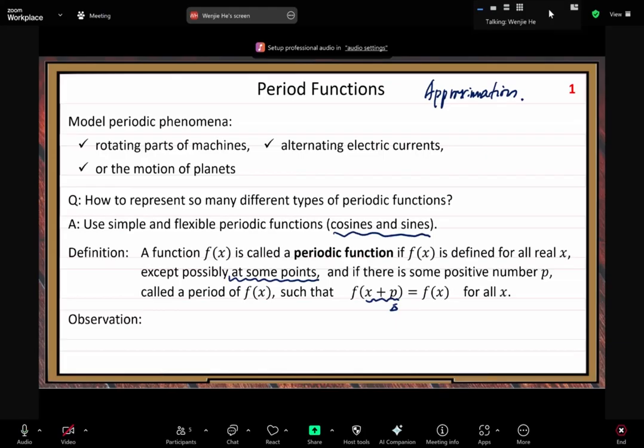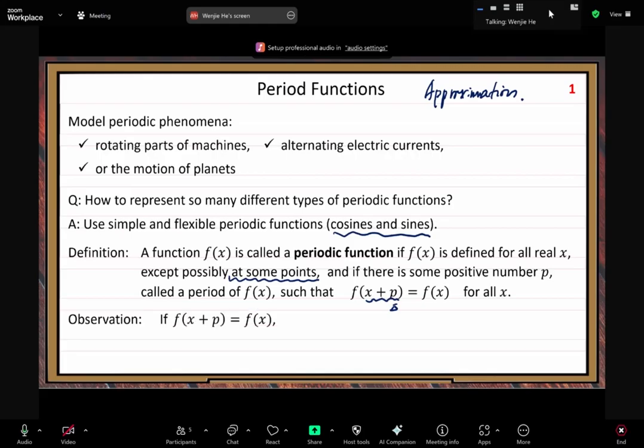This is the original definition of the periodic function. If you define it in this way, one thing you need to be careful about is this simple property.